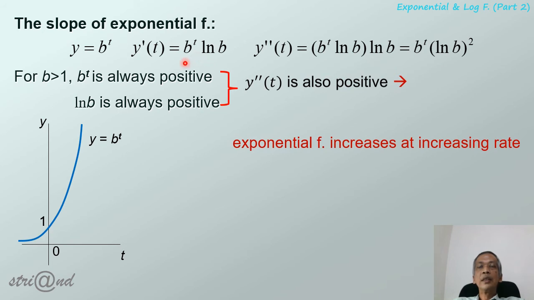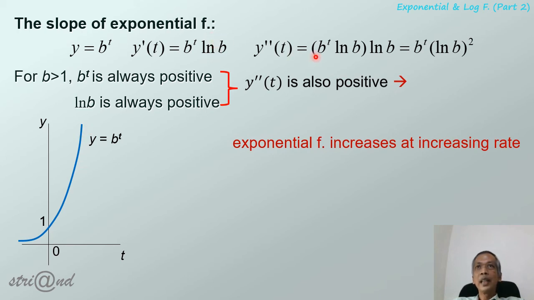When the first derivative is positive, it shows that the slope is positive. When the slope is positive, it shows that the original function, or the y here, must be increasing. We can see here y always increases.